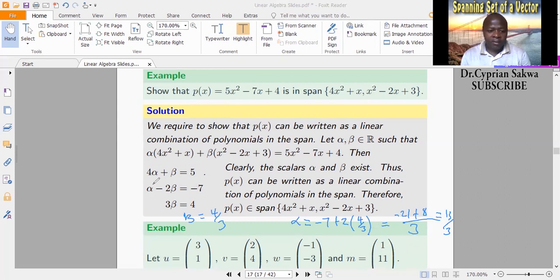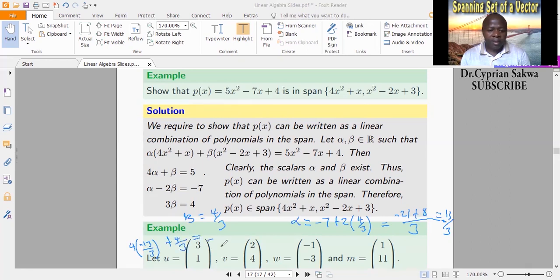Let's see if it will satisfy this. 4 times -13/3 plus beta, which is 4/3. Does it give us 5?